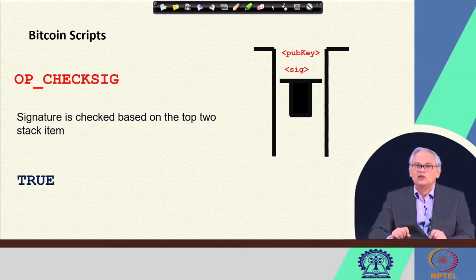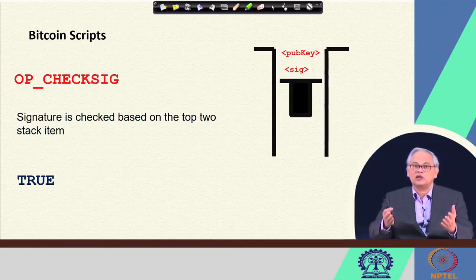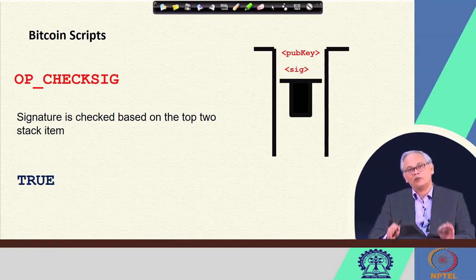So, that should be clear. Now, what is that something that Bob has encrypted with his private key, which can only be decrypted with his public key, and then we can be sure that it was meant for Bob and Bob only?